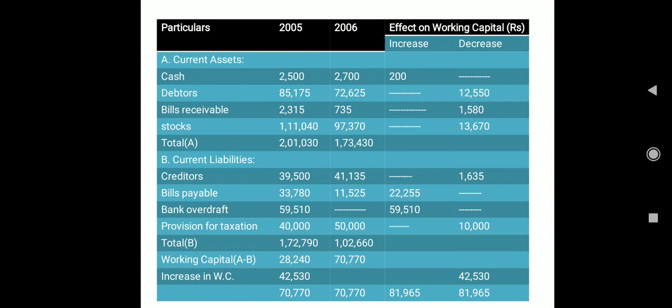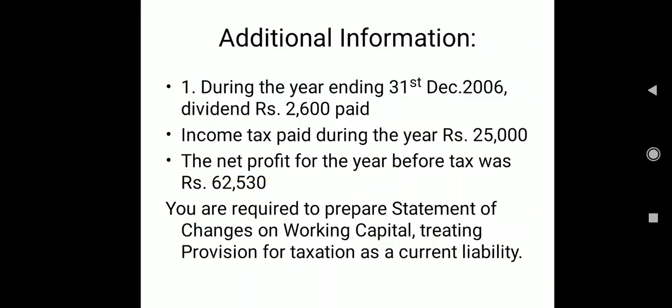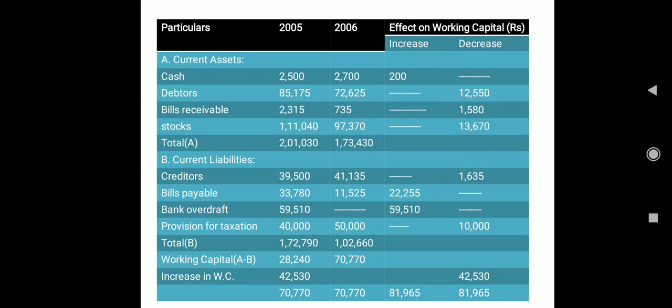I hope you remember this slide, the additional information has no use at all. The additional information, that is the 2,600 dividend, 25,000 tax and 62,530 net profit, is of no use. But the last one, treating provision for taxation as a current liability, is definitely of use. That's why we have taken provision for taxation as a current liability only.